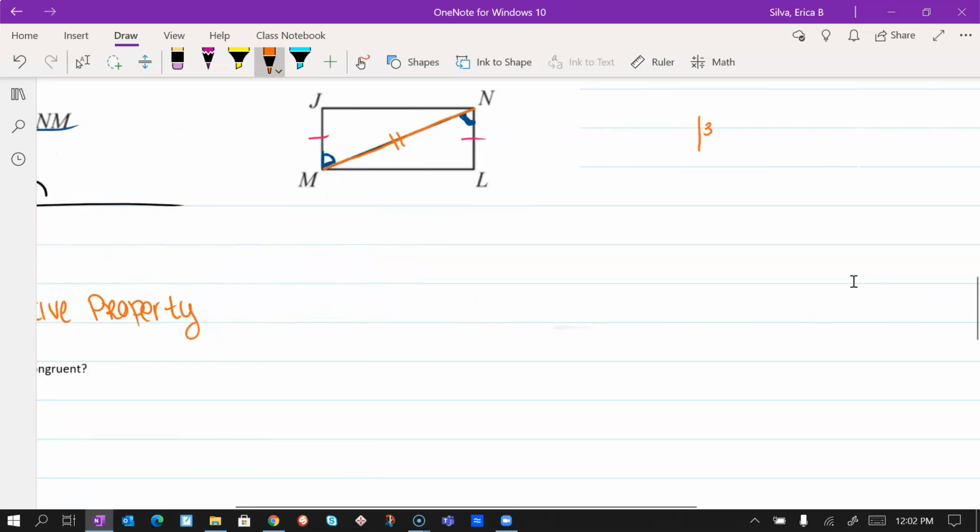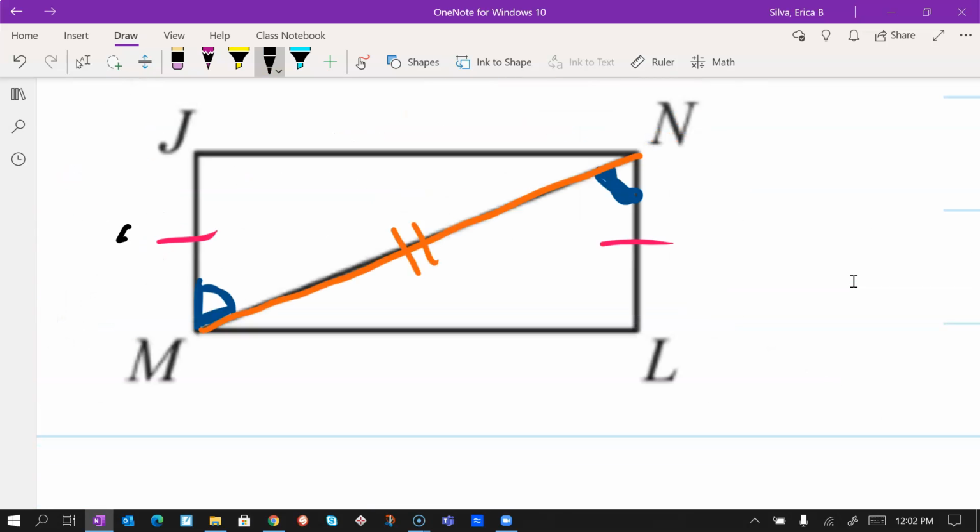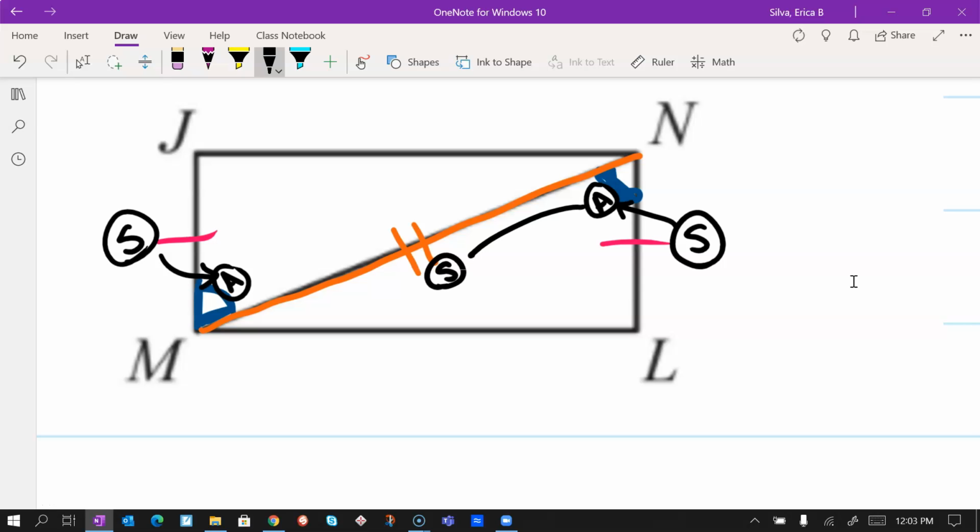So let's look back at our triangles. We have this side of this triangle congruent to this side of this triangle. We have this angle that's right next to it congruent to this angle that's also right next to it. And then we have this side of this triangle congruent to this side of this triangle.